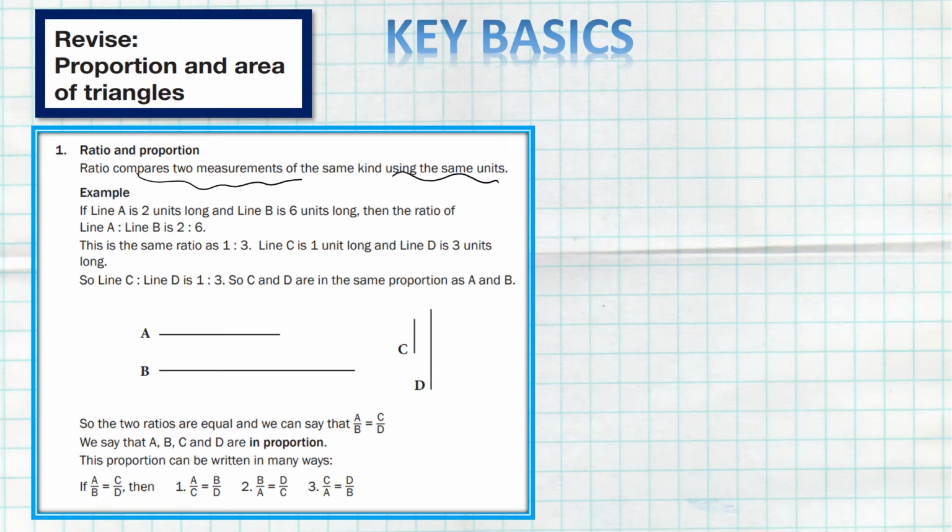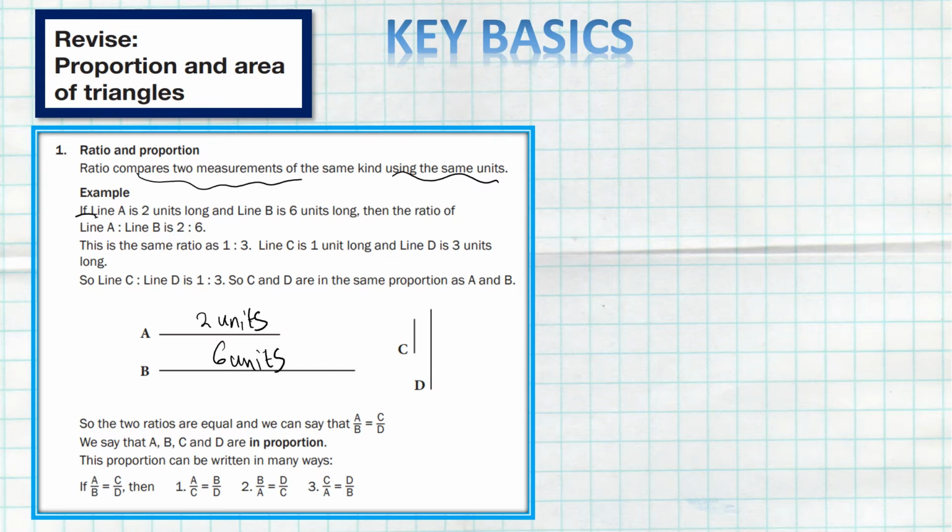Okay, so an example is if line A is 2 units long. Here we have line A, given that it's 2 units long, so this is the length, not the distance, sorry, the length. And we have line B, which is 6 units long. If we want to compare these two lines, we get their ratio.